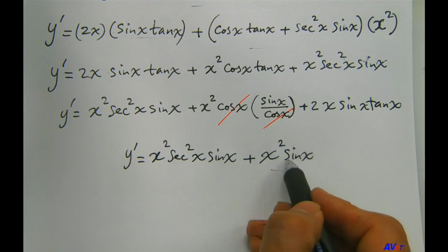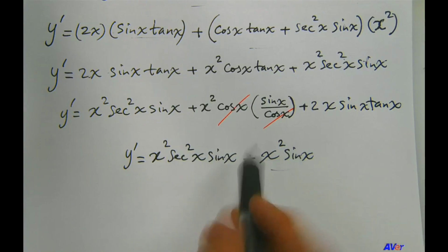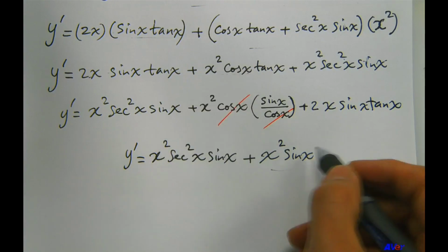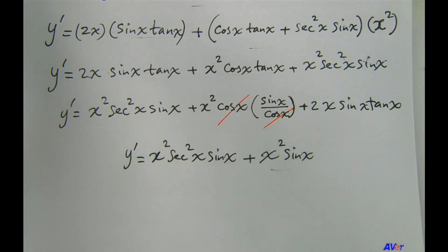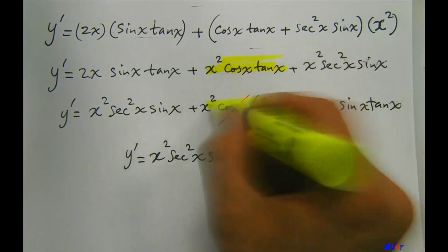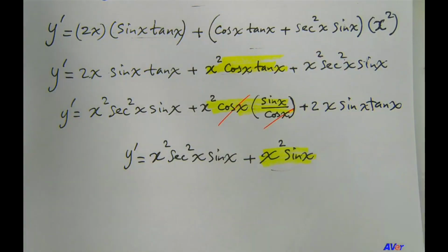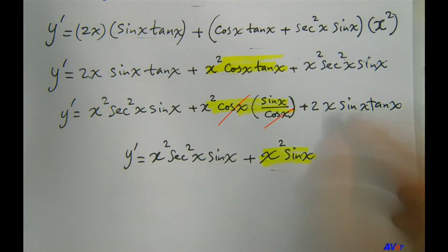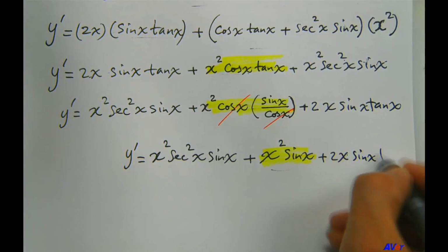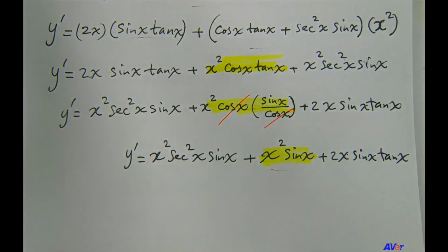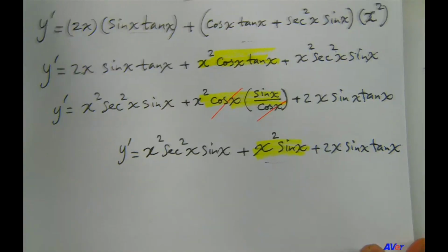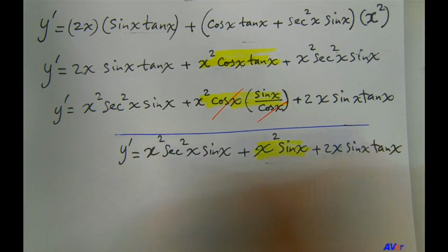That's a much better expression than that one, right? This one as opposed to that one. So we simplified that one to this, and then, of course, the last one we can write as is. So we'll leave it like that.